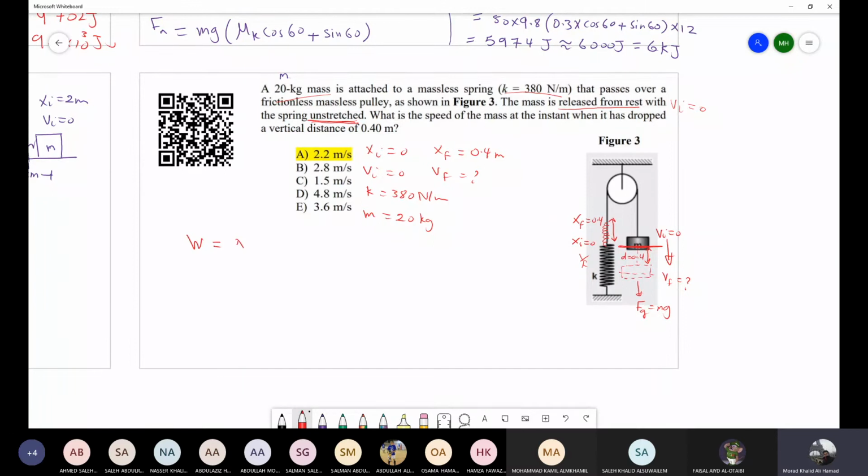is equal to delta k, I say work net is equal to delta k. And work net is equal to work due to gravity plus work due to spring, equal to delta k.